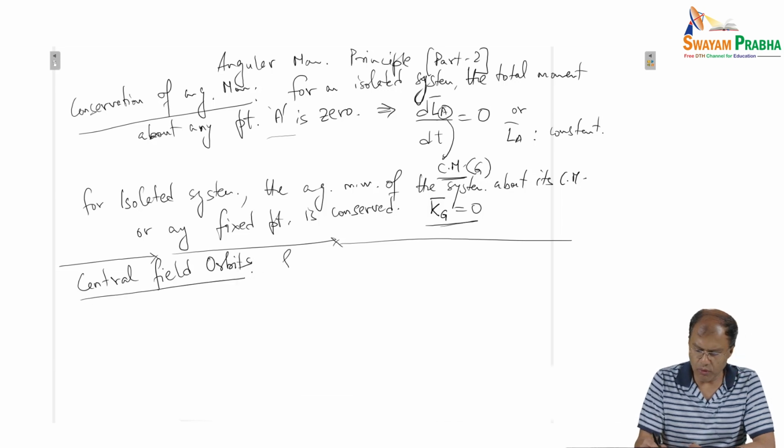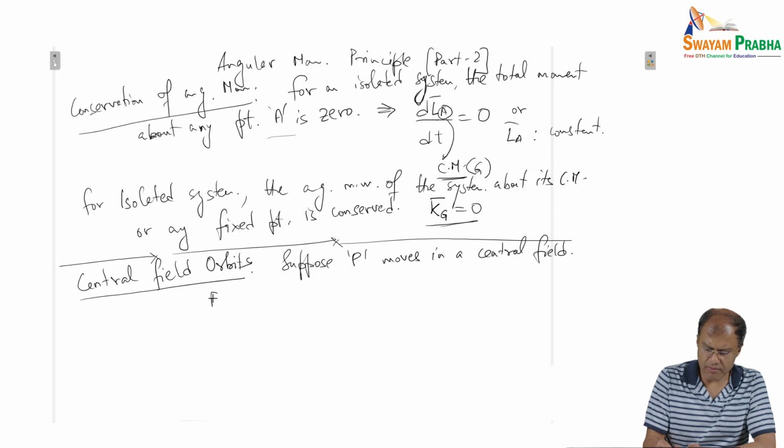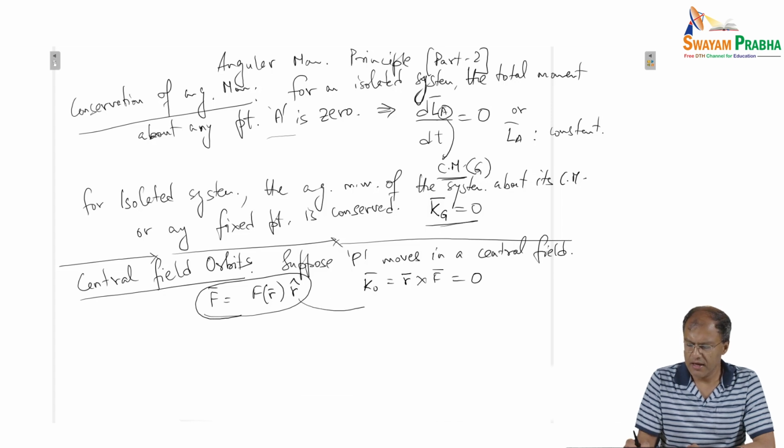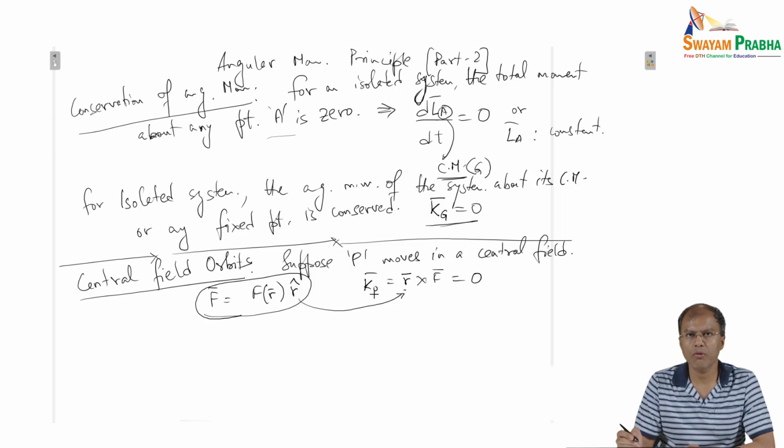Suppose P moves in a central field, and my force is F(r) r hat, and let us say our moment this time is K_O = r cross F, and in this case this is going to be 0 because our force field is acting along the radial direction, so force is parallel to the vector r, and we expect the net moment to be 0.